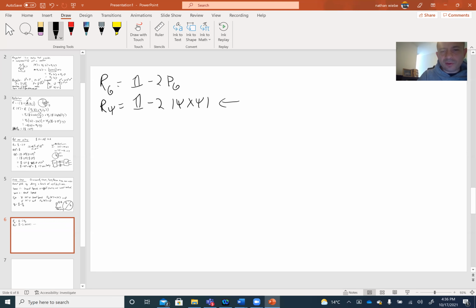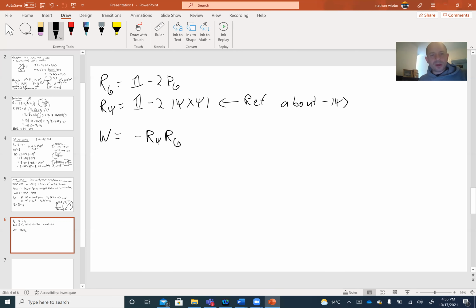So this is the reflection about psi. Well, technically, it's a reflection about negative psi. So we'll fix this by defining an operator that I'll call W, which is equal to negative R psi RG.